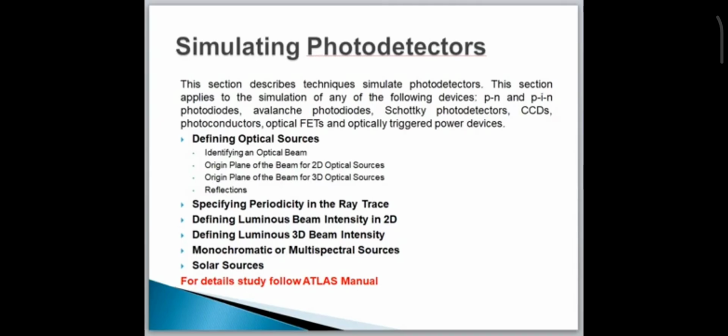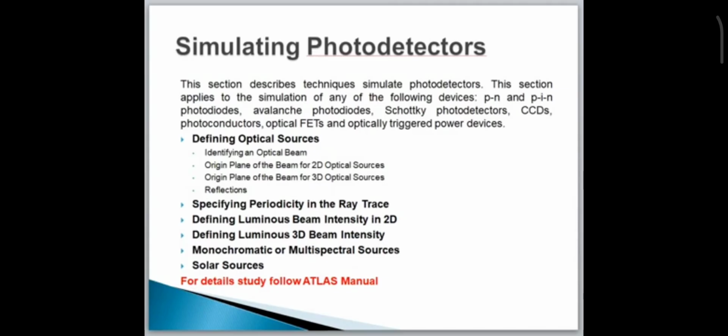in which you have to understand how to define optical sources, how to identify an optical beam, the origin plane of the optical beam for 2D optical sources, the origin plane of the beam for 3D optical sources, and the reflections. You also have to understand specifying periodicity in the ray trace, defining luminous beam intensity in 2D, defining luminous 3D beam intensity, monochromatic or multispectral sources, and the solar sources.